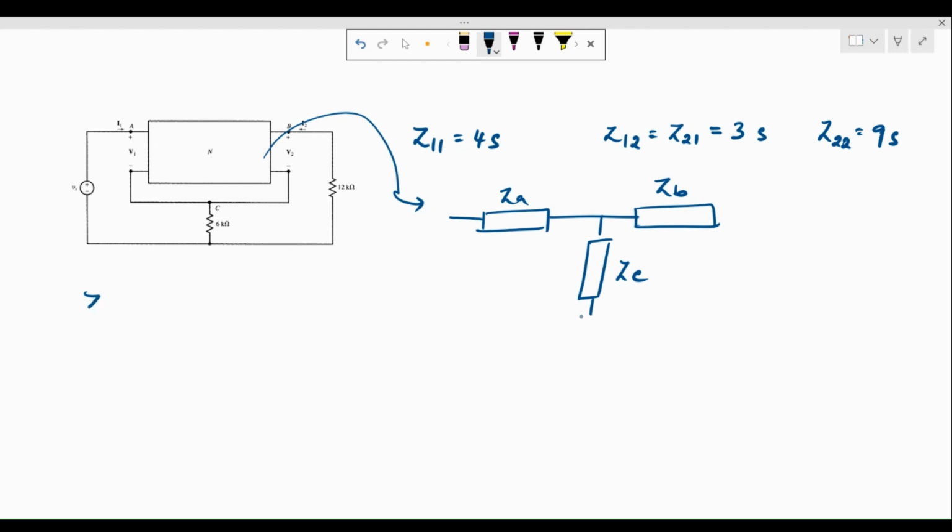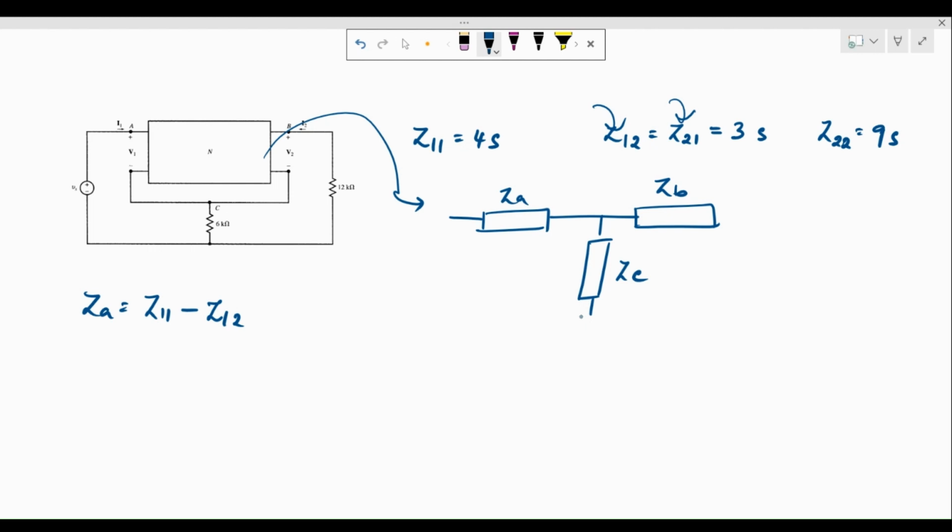We know that ZA is going to be Z11 minus Z12. Now, before we even think about replacing this network with a T equivalent, we have to make sure that this is a reciprocal network. Looking at the Z parameters given here, since Z12 is equal to Z21, the condition for reciprocity is satisfied, meaning this is a reciprocal network, and therefore the T equivalent for this network will exist.